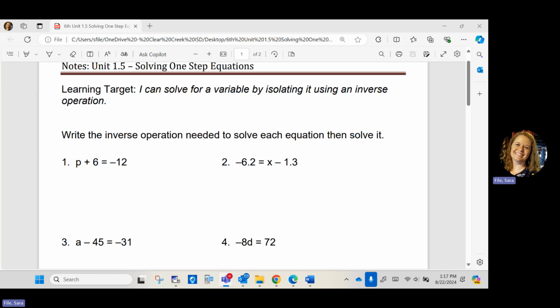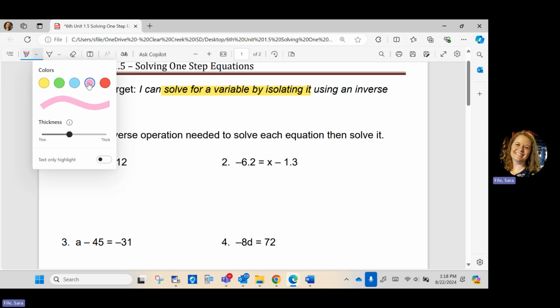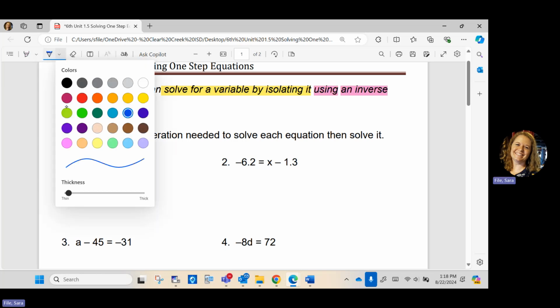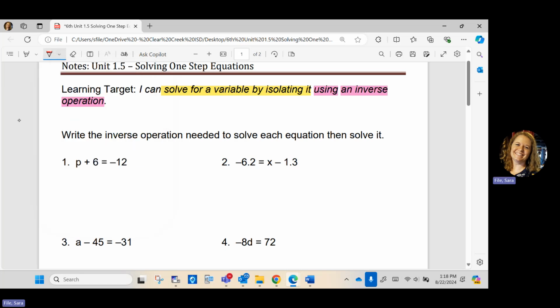Your goal is to be able to say, I can solve for a variable by isolating it using an inverse operation. An inverse operation is an opposite operation. So what is the opposite of addition?